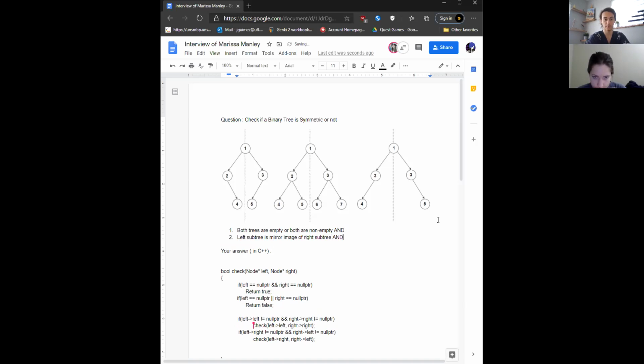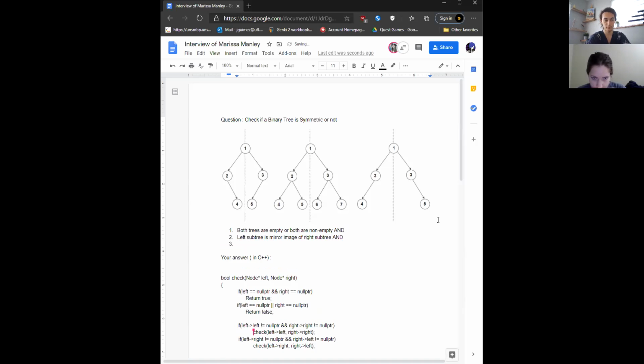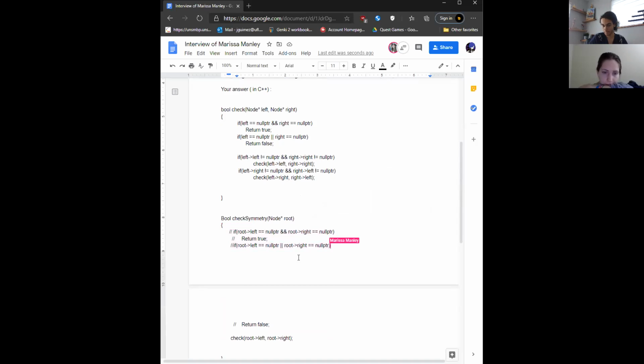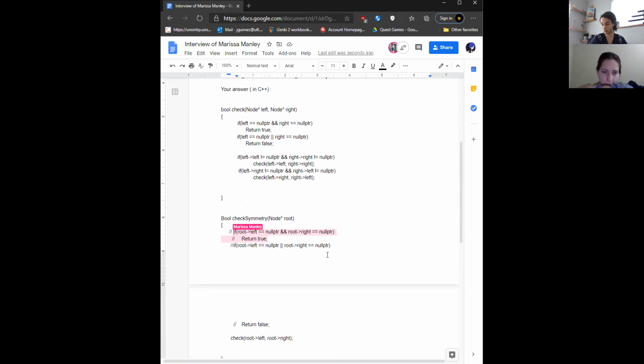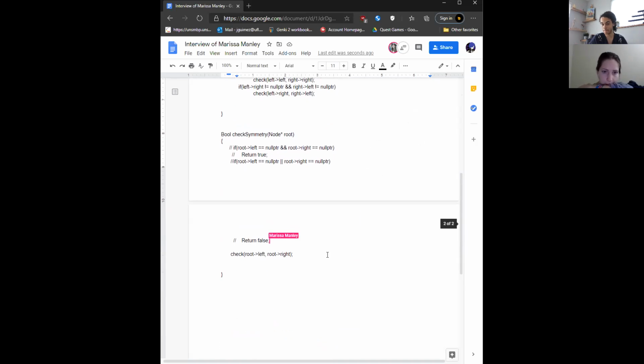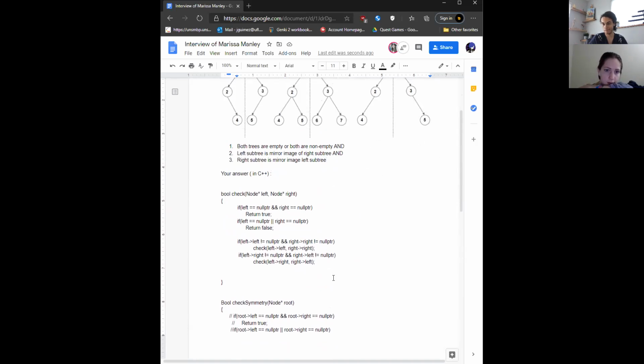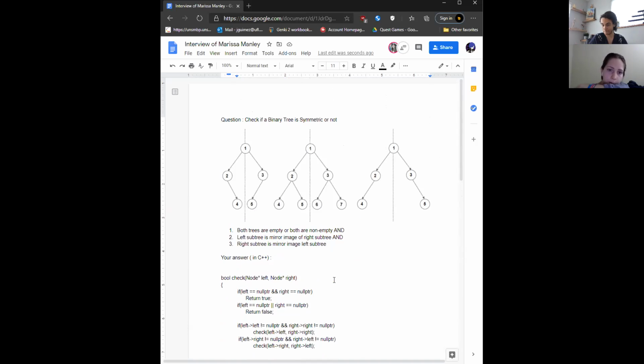And the right subtree is the mirror image of left subtree. Okay. Well, I've already checked that they're empty or non-empty with this. So they're either empty. You've only got 2 more rules to check. Yep. So now I'm checking if the left subtree is a mirror image of right subtree.